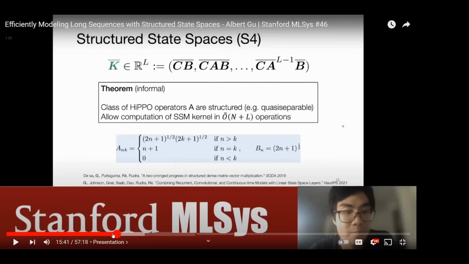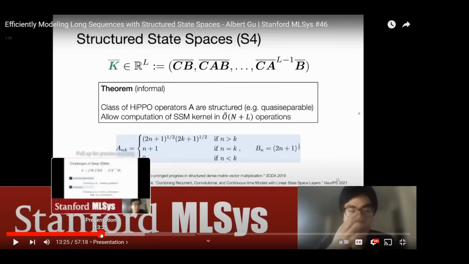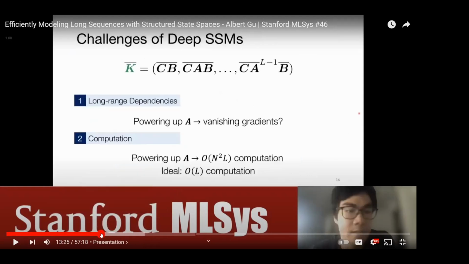Dave, I don't know if you understand S4 better than me, but it sounds like ultimately what he's saying is they didn't learn A, they hard-coded it to be this Hippo matrix that is derived from Legendre polynomials, and maybe they're learning the C, but they're not learning the A and the B. A is of a particular form, and then they learn B, C, D. And D, they don't do anything with, it's just a skip connection.